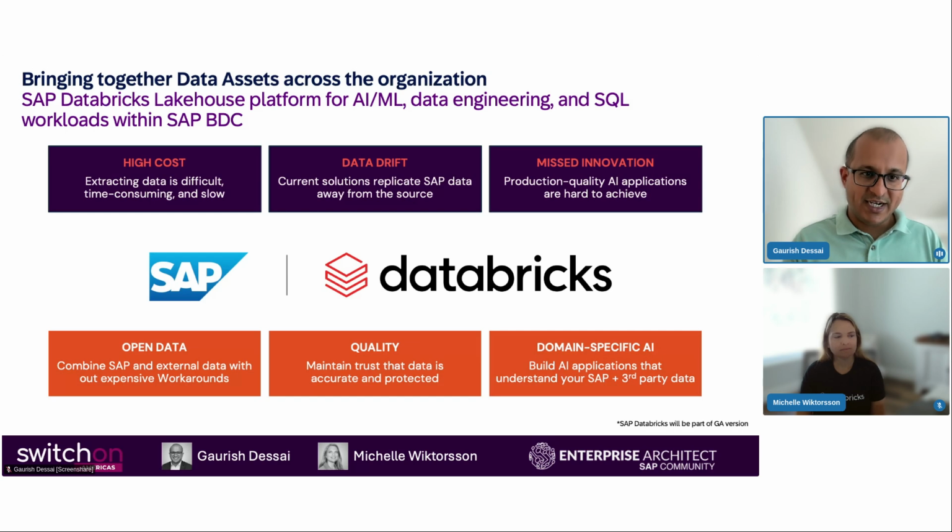Now with the SAP Databricks partnership with the Lakehouse architecture, we can bring all of that together within the context of the SAP landscape, right? And directly use that for your AI ML use cases without having to cause data gravity shift, or without having to pay extremely high cost for storage, right? That is where the partnership comes together.